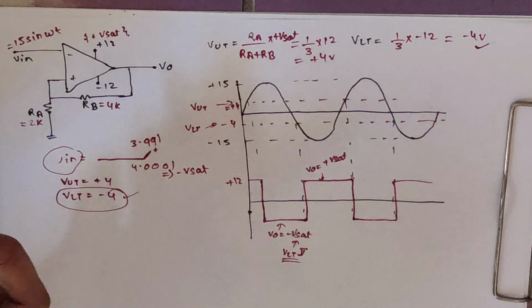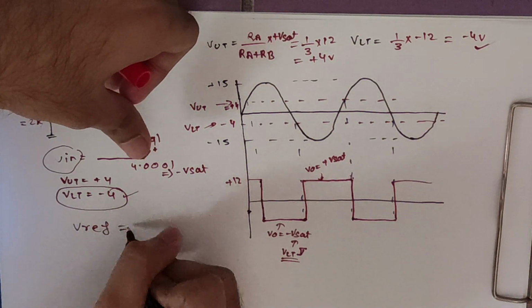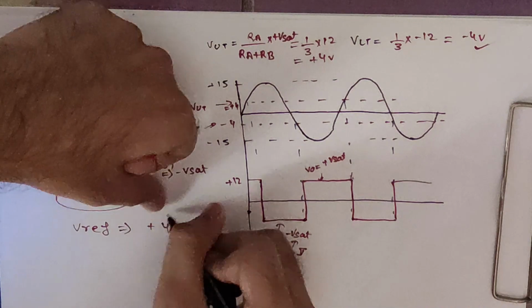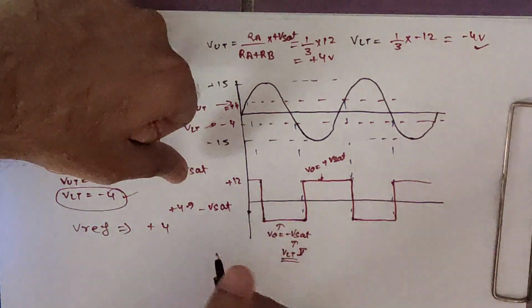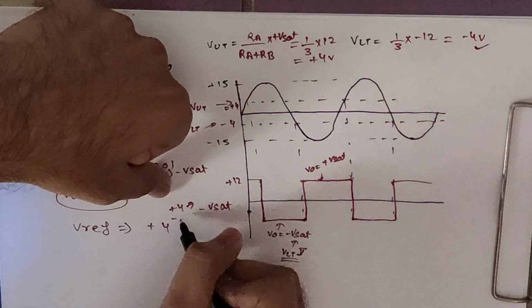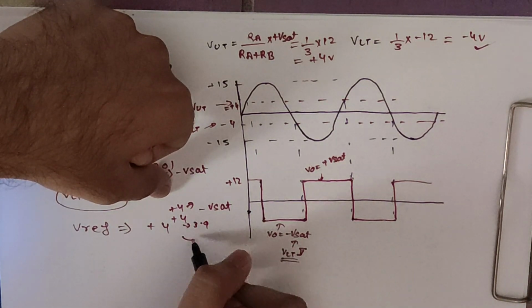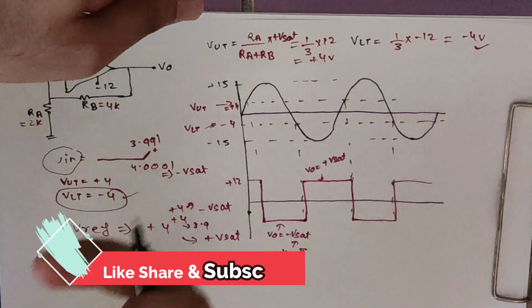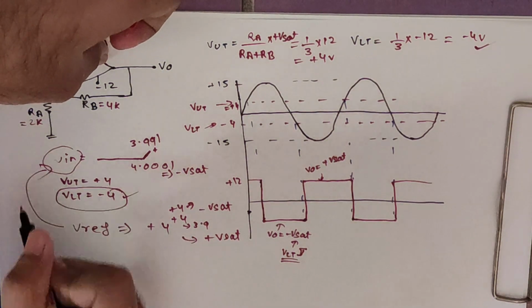But in the case of a comparator, we had only one reference voltage, that was plus 4, and if our input voltage became greater than plus 4, we would have minus Vsat at the output, and if our input voltage became less than plus 4, basically 3.99, we would have plus Vsat. So you can see by a small fluctuation also there was a change in output. This issue is solved by using the Schmitt trigger.